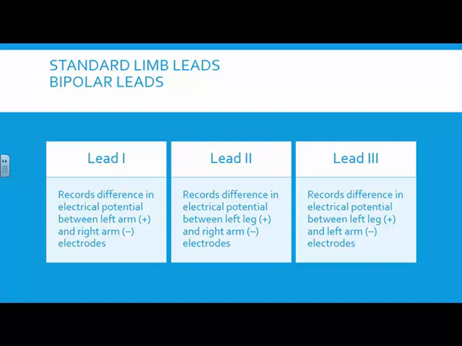Your lead 1 records the difference in the electrical potential between the left arm and the right arm electrodes, all right? So for lead one, can y'all still imagine that this person has a neck and shoulders?